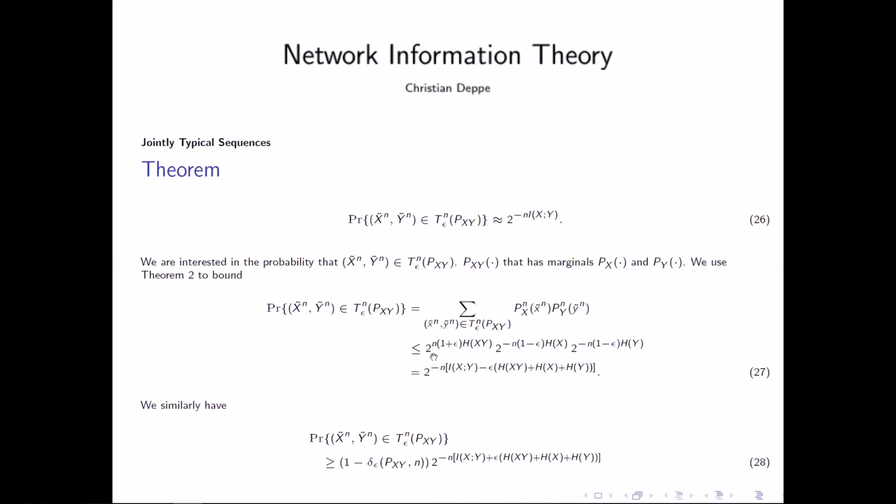And so we can estimate this by 2 to the n(1 + epsilon)H(XY). If we now put all this together, then we exactly get the mutual information here. It works also the other way around. We just have to estimate this the other way around, and therefore we get the desired result.